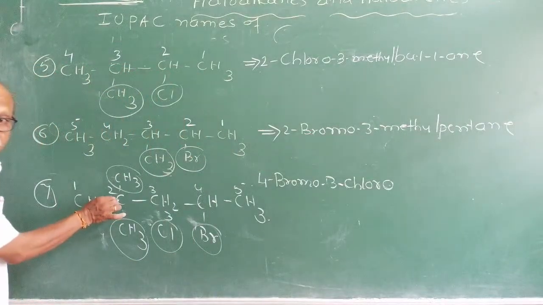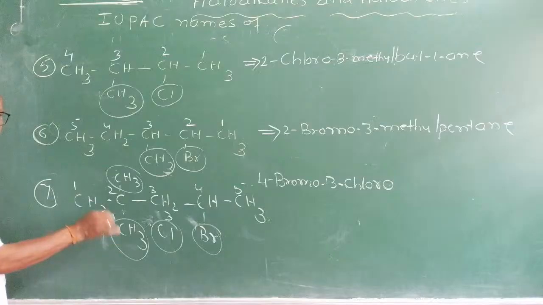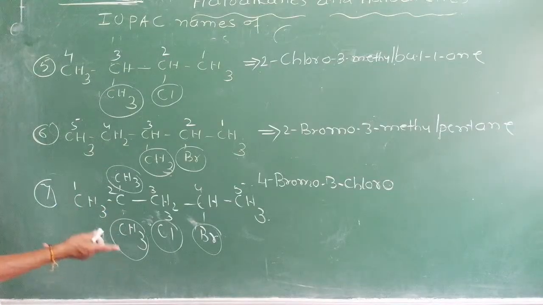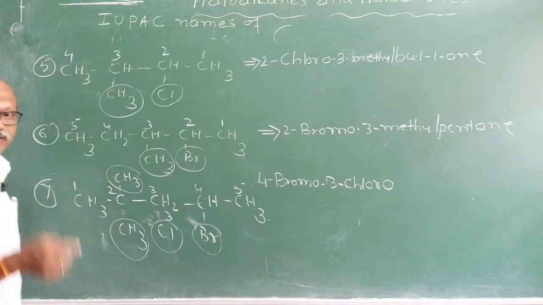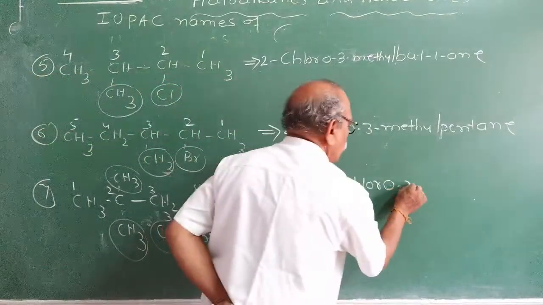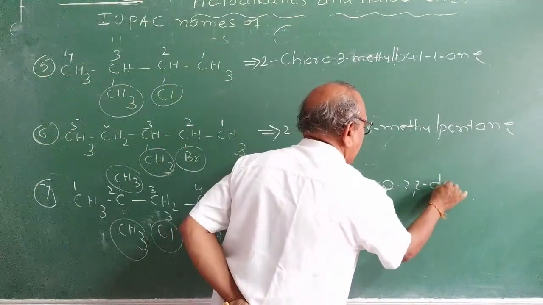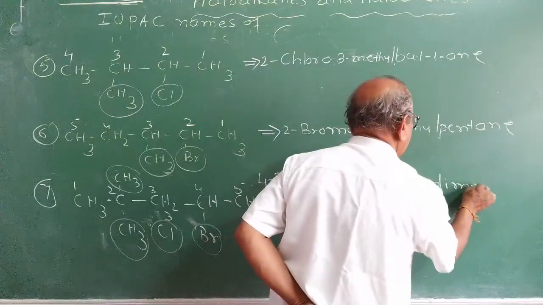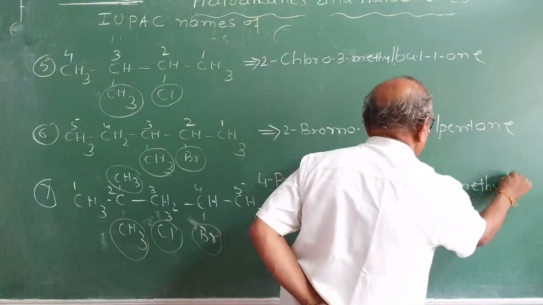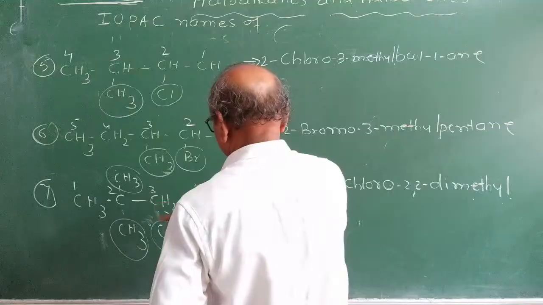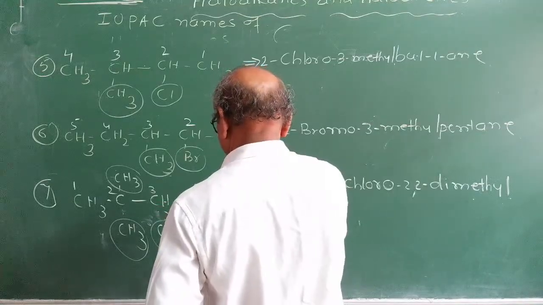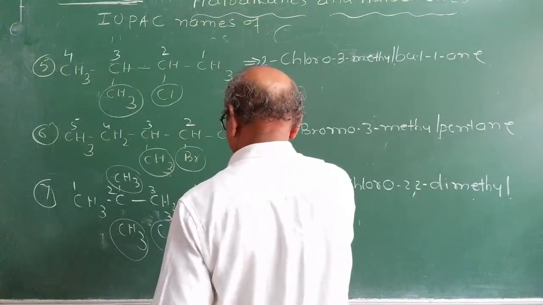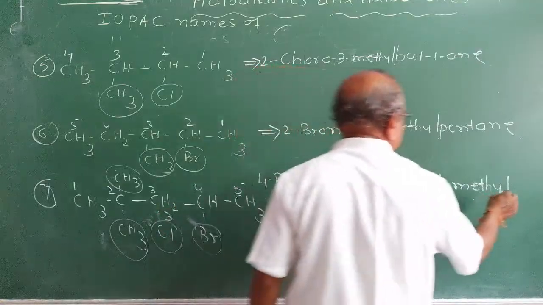When methyl groups are repeated on the same carbon atom, you have to repeat the locant and write 2,2-dimethyl pentane.